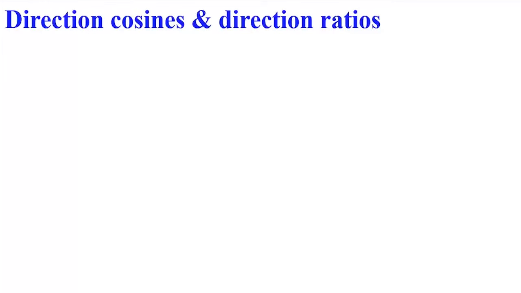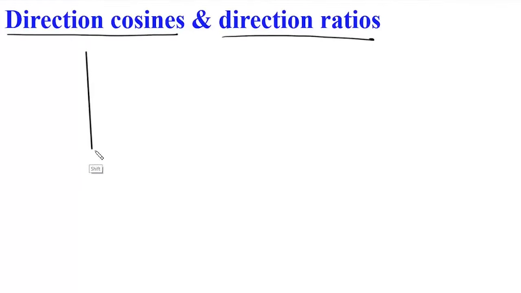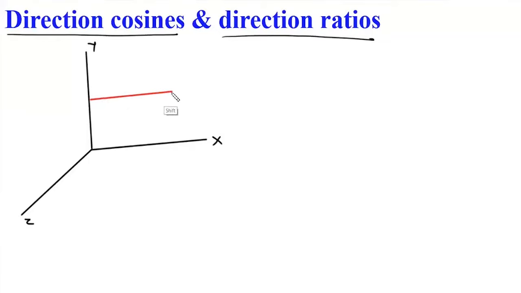Now we'll come to the core concepts in 3D geometry, which are direction cosines and direction ratios. For this, we'll draw the three axes. Say this is the x-axis, y-axis and z-axis, and then there's a point P, and in order to make it more clear, let us draw this cuboid.